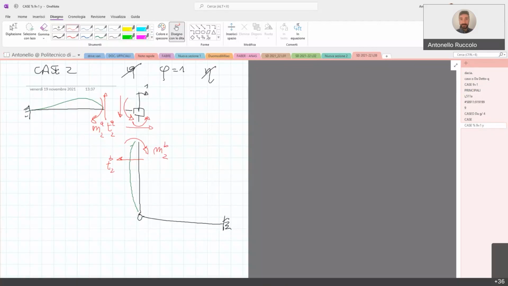The values of M2A is 4 iota over L, because it is this case, M2B is 3 iota over L, as we already saw before.